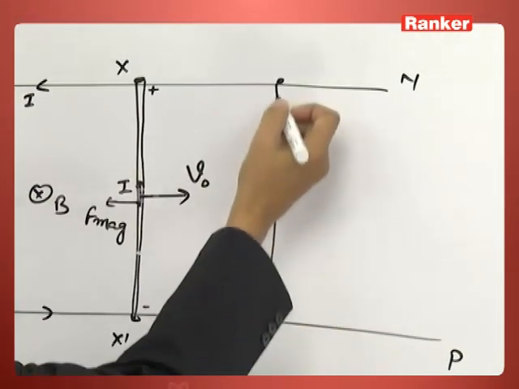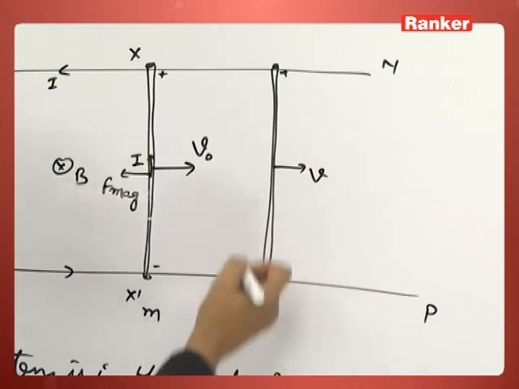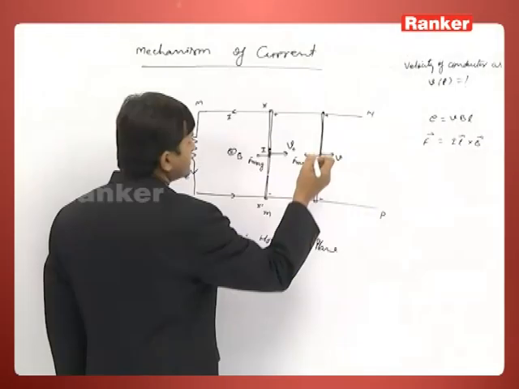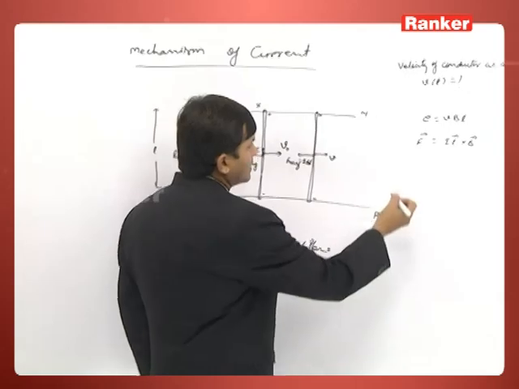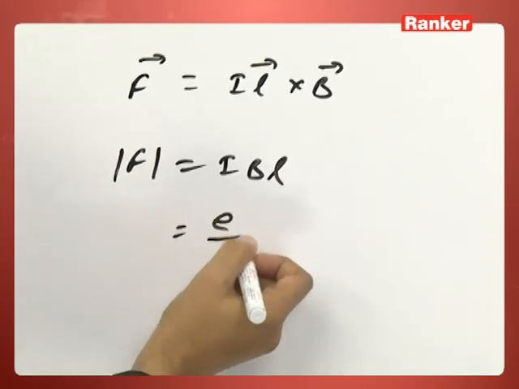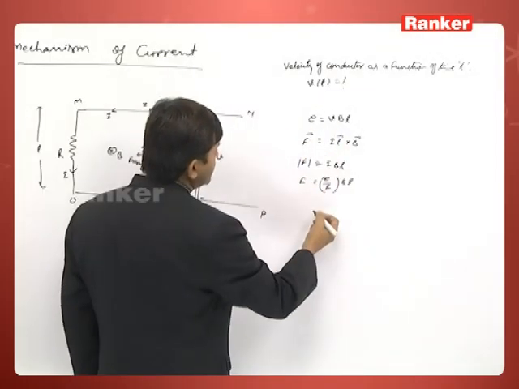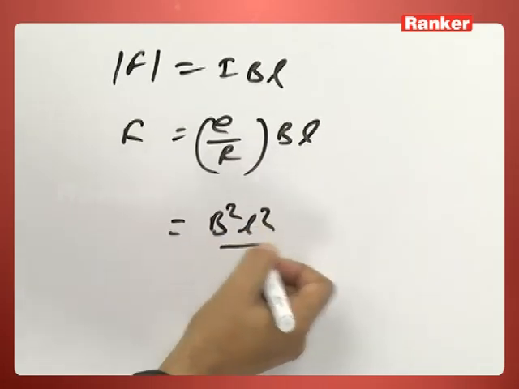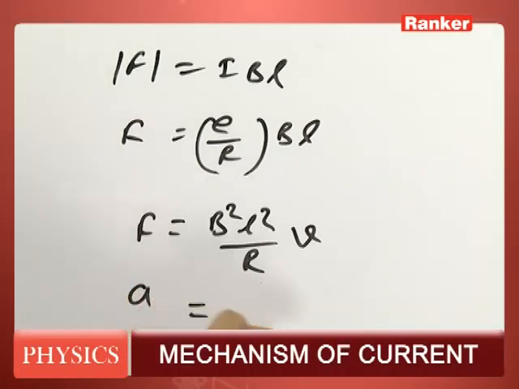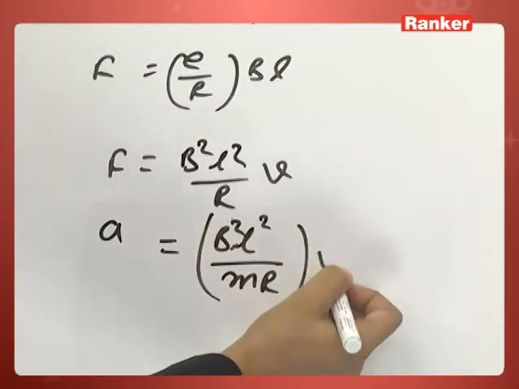Let the velocity at the new position be V. The magnetic force is F magnetic equal to IBL. The current I is the induced EMF divided by resistance, that is VBL by R. So the force is B square L square by R into V, and the acceleration is B square L square by mR into V.